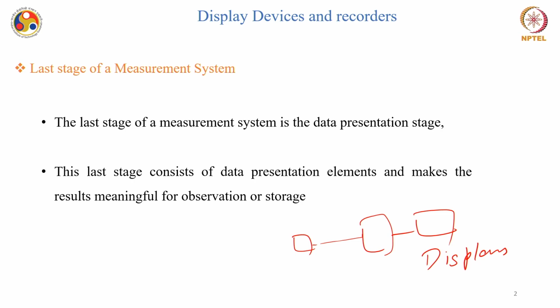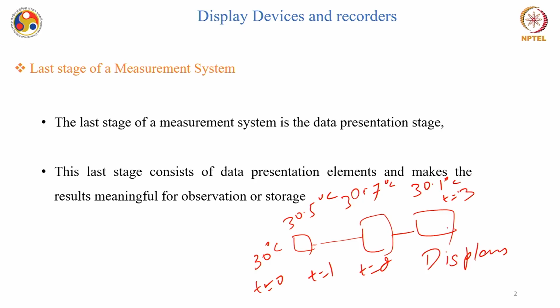Whatever data you have acquired, say with the transducer you have acquired a temperature, say the temperature is 30 degrees Celsius at t equal to 0, and say 30.5 degrees Celsius at t equal to 1, and say 30.7 degrees Celsius for t equal to 2, and say 30.1 degrees Celsius at t equal to 3, okay. Ideally you can have display devices which can show you all this data in one go.